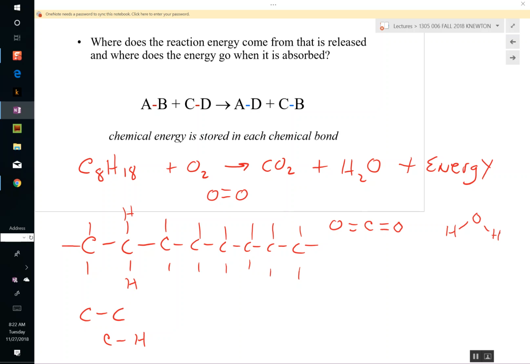We have new chemical bonds in the products being produced. There is a certain amount of energy associated with these chemical bonds. These are high energy bonds. High energy bonds.